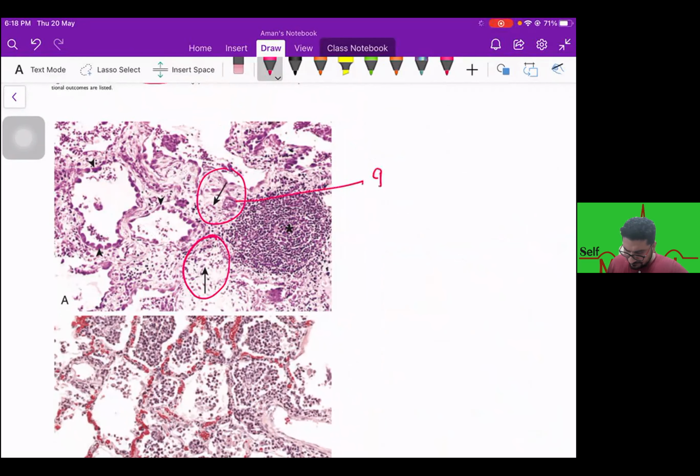So these are inflammatory cells, a collection of cells. You will see chronic inflammation with inflammatory cells.